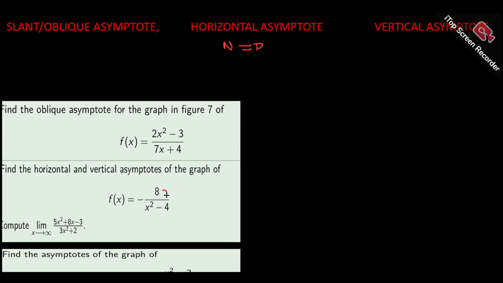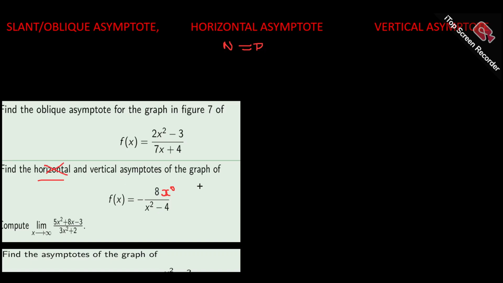But we can see that 8 is more like 8x raised to the power 0. This is just equal to 1, so we haven't changed anything. So the degree of the numerator is less. They are not equal. So this guy doesn't exist. It's not there in this graph.